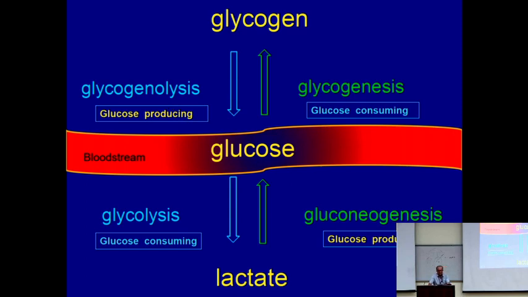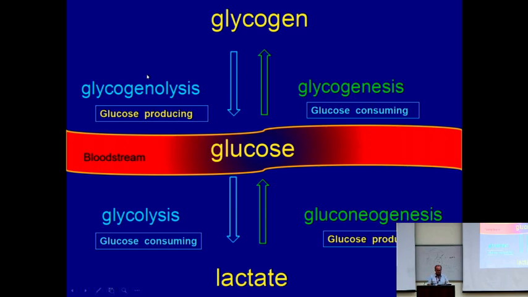A second glucose-producing pathway is something called gluconeogenesis. And that simply means the synthesis of glucose, de novo synthesis of glucose from smaller precursors, smaller molecules, making a new molecule of glucose.